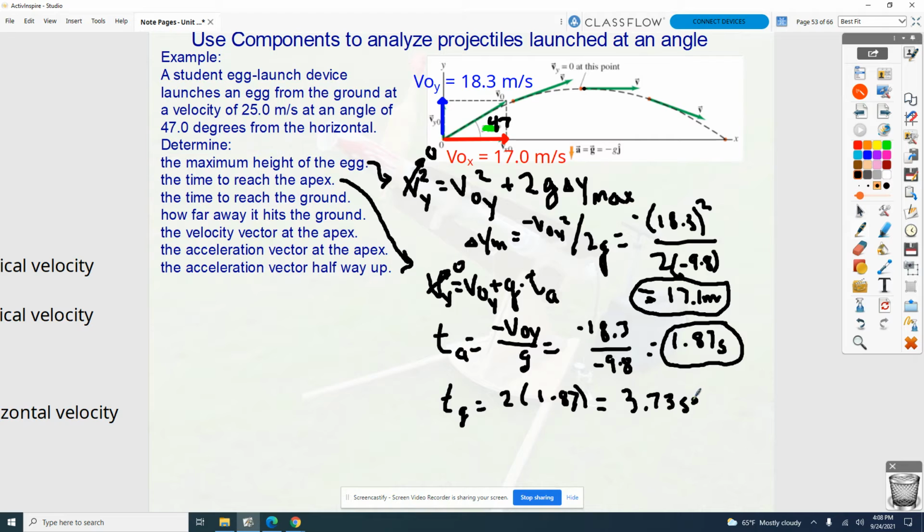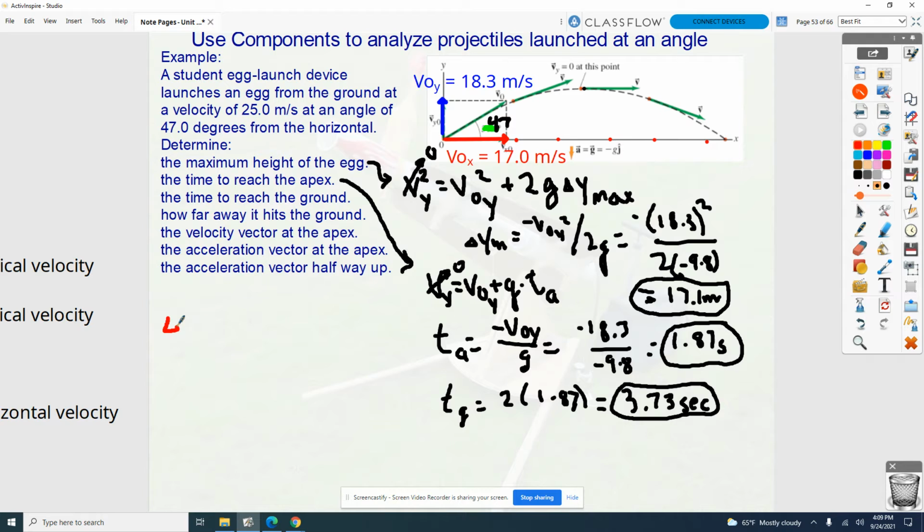Now, we're at the point where we can start to analyze how far it's going to travel. We've gone through the process of vector resolution, so let's take the time that's in the air, 3.73 seconds, and consider how far it has moved horizontally at that constant rate. It's moving horizontally at 17 meters per second. If it's in the air for 3.73 seconds, it becomes a fairly simple calculation.